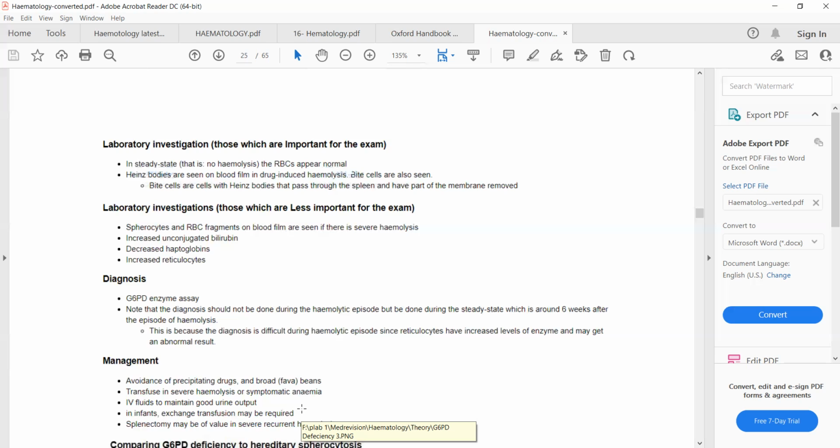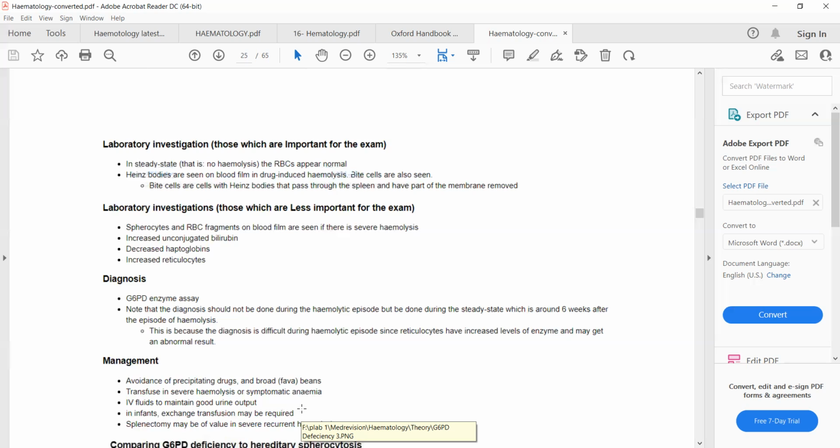Right. And you said something about haptoglobin. Haptoglobin is a plasma protein that combines with and transports this free hemoglobin. Normally, hemoglobin is present inside the RBC, but when it is released, it combines with haptoglobin.